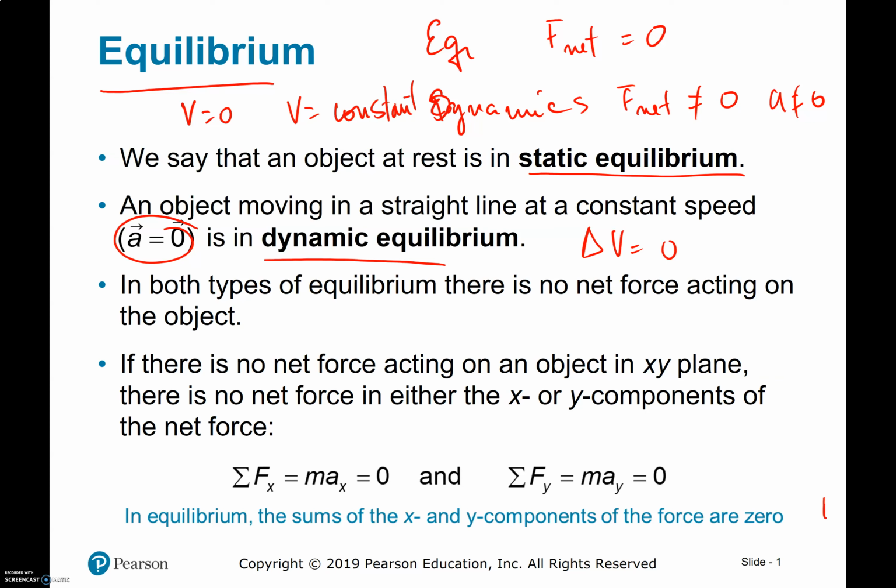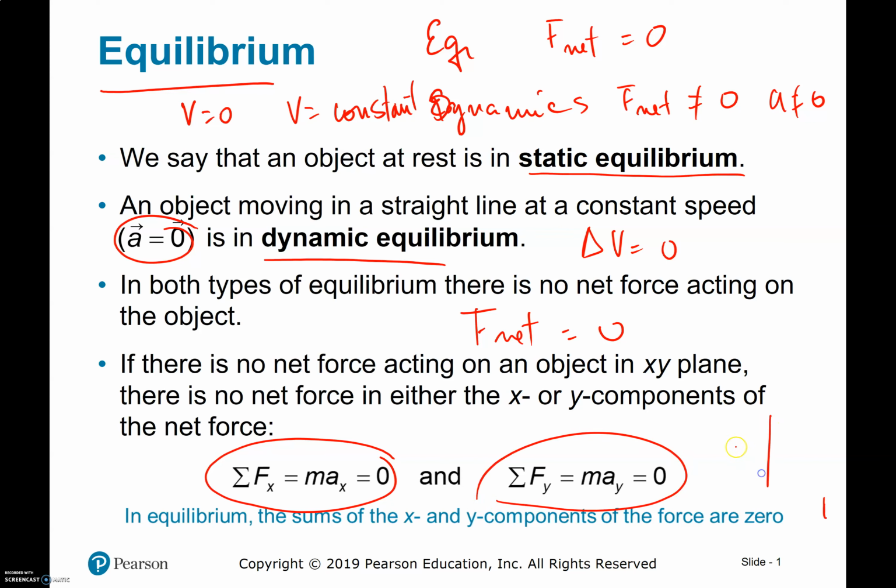So the net force is equal to zero, and therefore Newton's second law becomes the sum of the forces is equal to zero. Because we have two possible coordinates, x and y, we are going to have two sets of Newton's law, one for the y coordinate and one for the x coordinate, right?